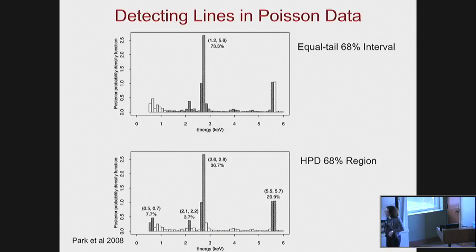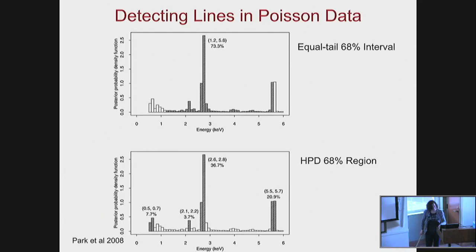The equal tail presents a slightly different picture. It basically just shades from the peak. So the peak of the mode is here for that line, and the 68th percentile covers also those other peaks in that spectrum.